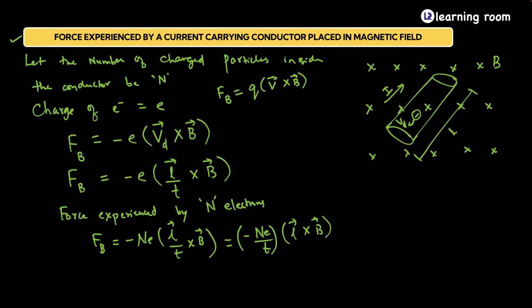Total charge per time taken is what is called current. So can I write this as I into L vector cross B vector? It is going to be I into L vector cross B vector.